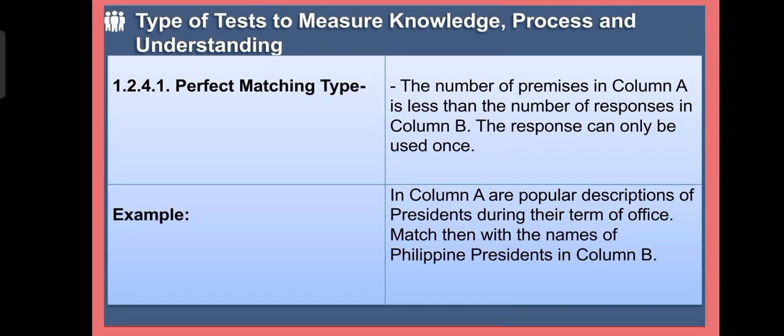Example, in column A are popular descriptions of presidents during their term of office, to be matched with the names of Philippine presidents in column B.